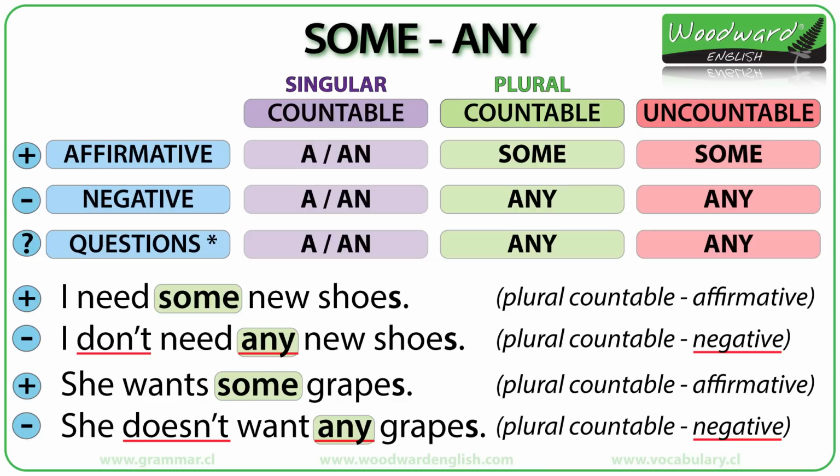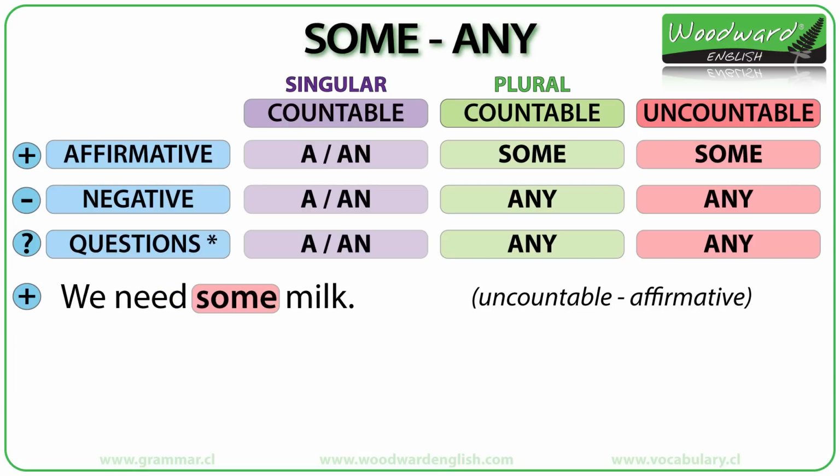Until now, we have only seen countable nouns. With uncountable nouns, we also use some or any. The same rules apply, some for affirmative sentences and any for negative sentences. Milk is an uncountable noun.